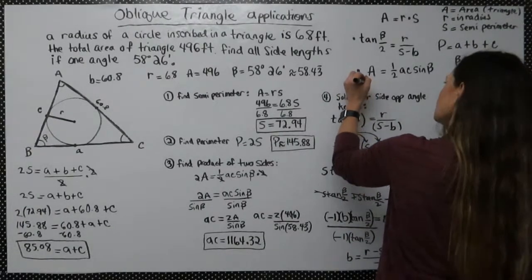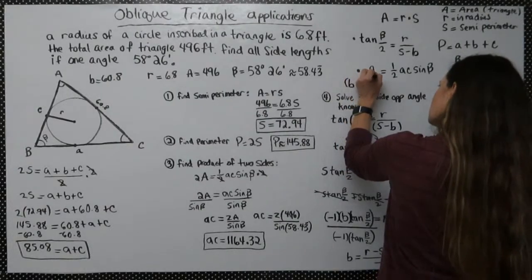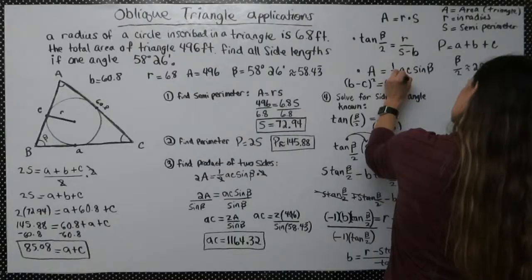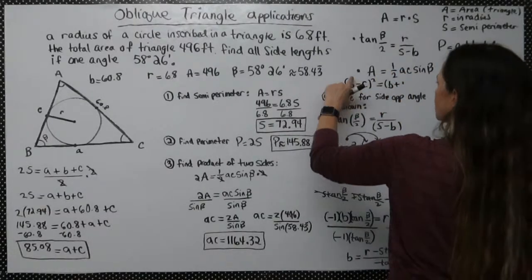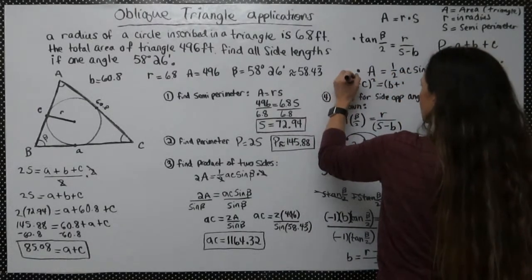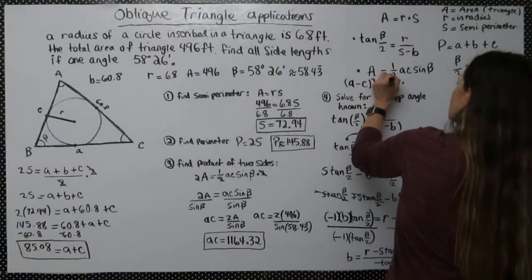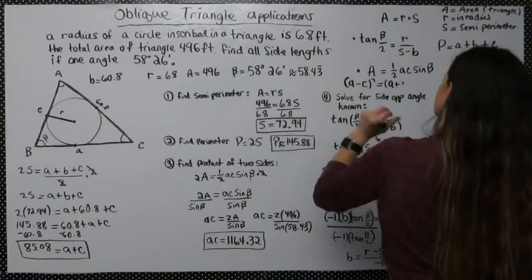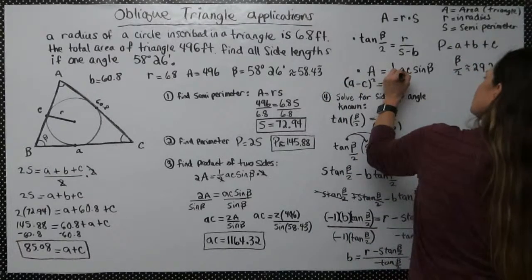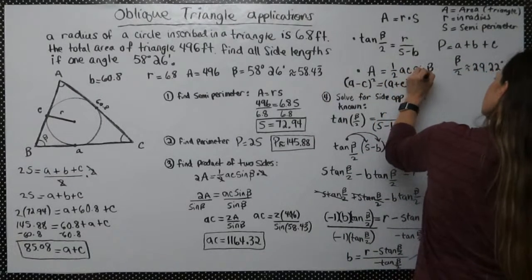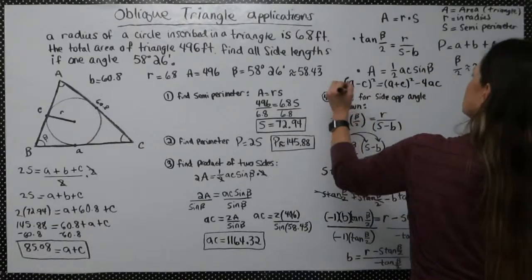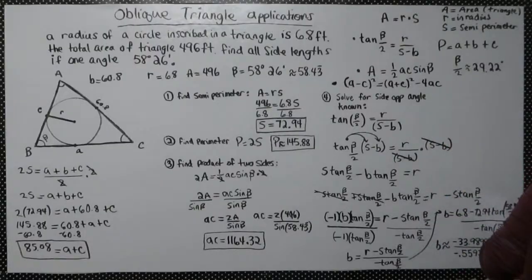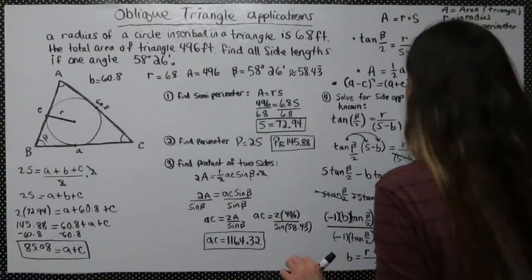So you've got b minus c squared equals b plus, wait, no, it's a and c, because we already know b, so that's not going to do us any good. So we use a and c, and it's a plus c squared minus 4ac. So this identity might help us, because we already know these values. I'm not sure, but we'll figure it out.